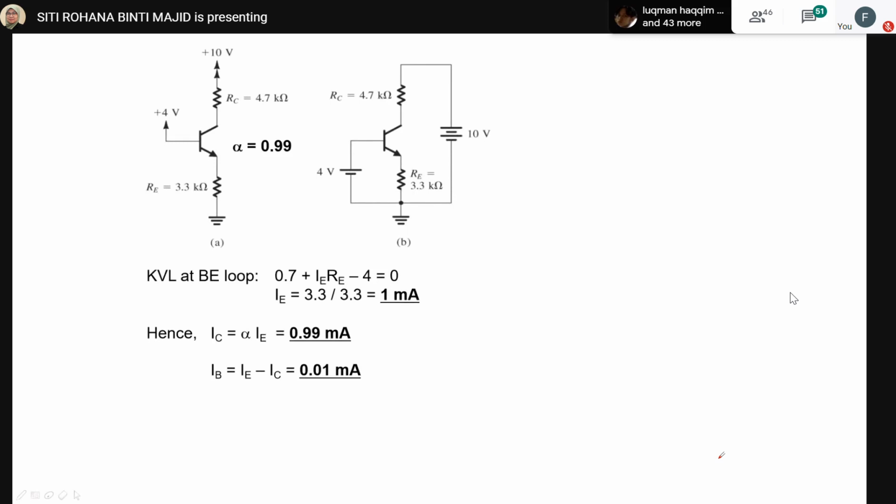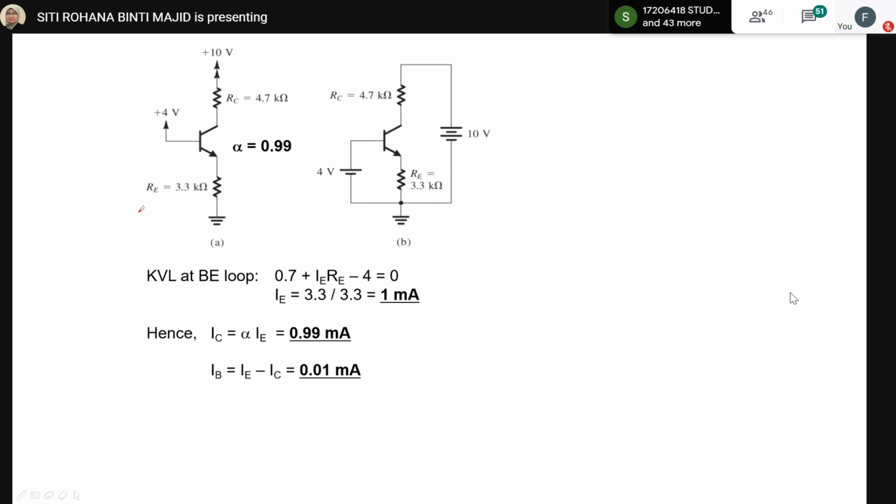So as an alternative for IC, you can have alpha IE, but before you get IC, you should get IE. So IE you can get from the BE loop, which is the input loop here, and then you will get a value of IE equal to 1 milliampere.